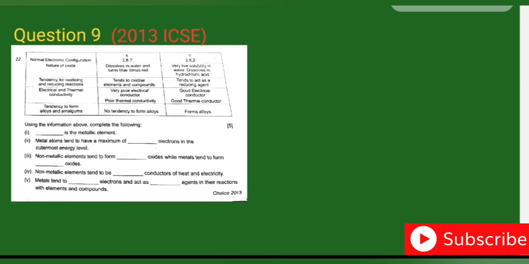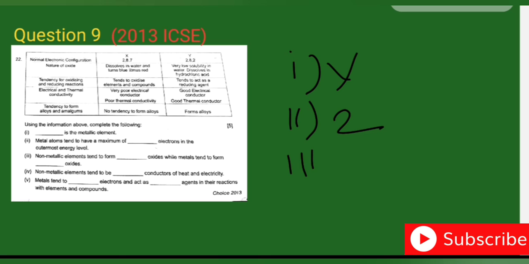So definitely Y is the metallic element. Metal atoms tend to have a maximum number of electrons in the outermost energy level, that is 2.